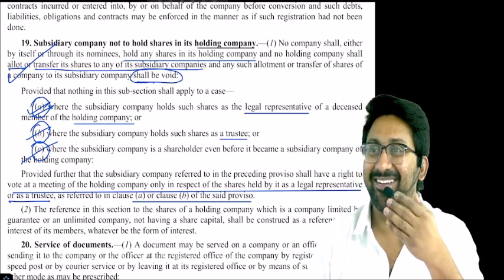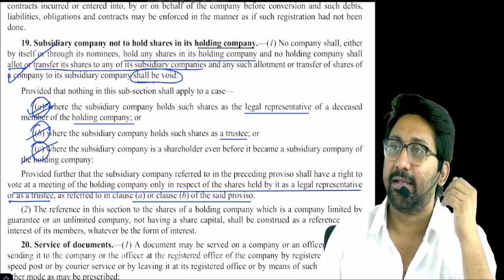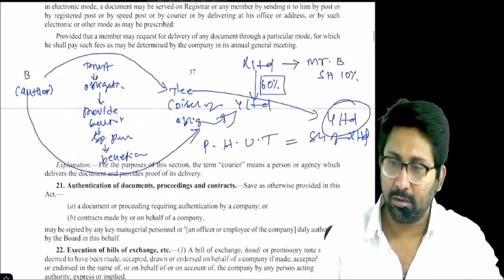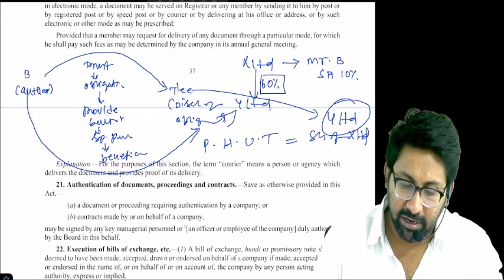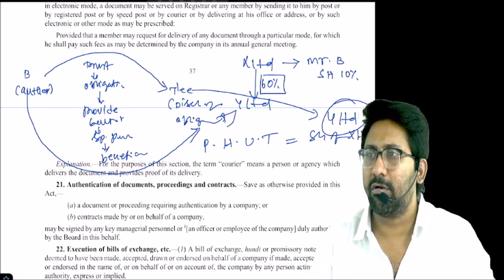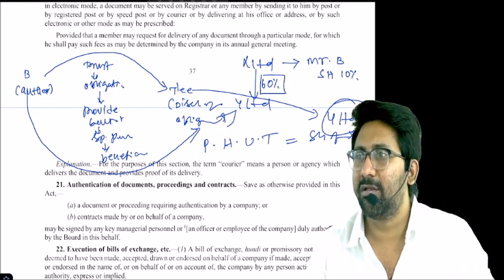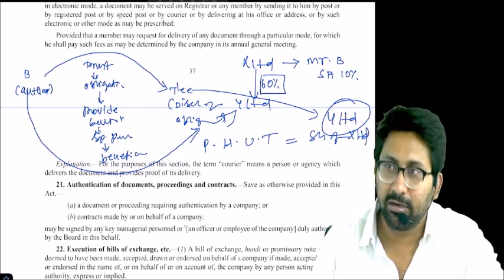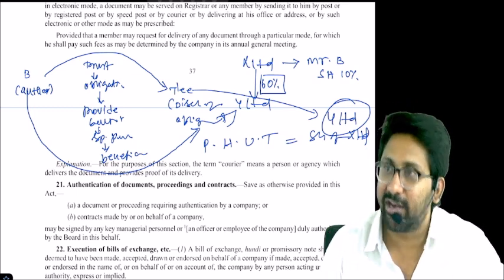You frame the question. Okay, continue framing the question. Why hold? You cannot hold. Convertible is just not equity. No, you cannot. Then the holding-subsidiary relation they don't create. If that be the case, they don't create it.